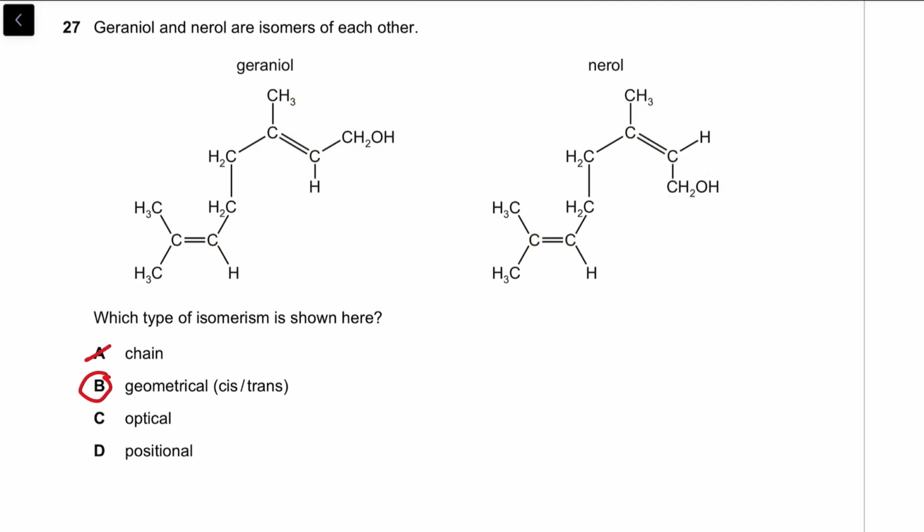We know that there isn't any optical isomerism because there's not a single carbon with 4 different groups attached to it. If you look around at each carbon, you will find that there isn't. And it isn't positional because none of the functional groups, like OH here, has moved around. It's stayed in the same place.